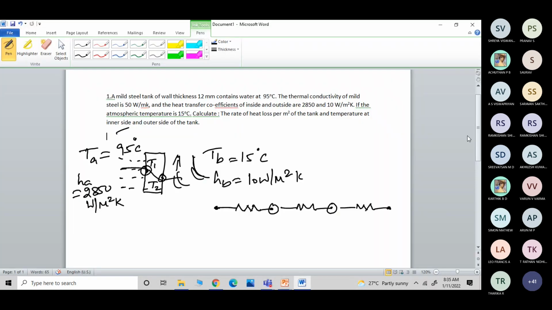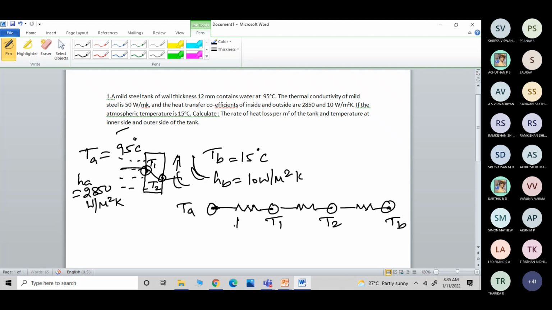So you will be having a combination of three resistances. You will have temperature TA, then T1, T2, and then T suffix B. Am I correct, students? Is the circuit I have drawn correct? Yes, sir.